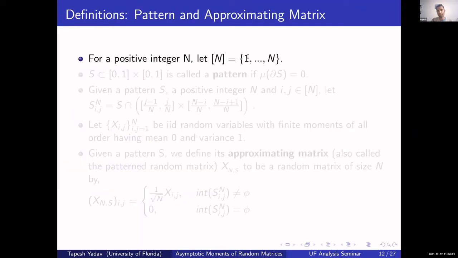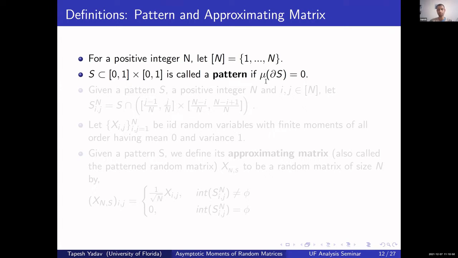For a positive integer n, let [n] be the set of positive integers 1 through n. Let S be a subset of the unit square [0,1] cross [0,1]. It is called a pattern if the Lebesgue measure of the boundary inside the unit square is 0. Note that this measure is a two-dimensional measure.